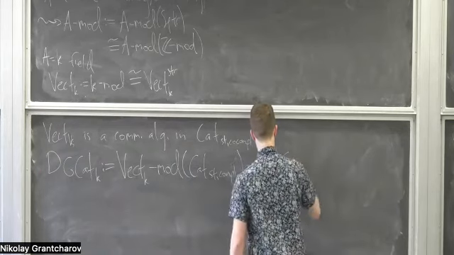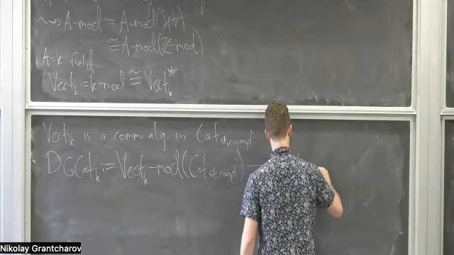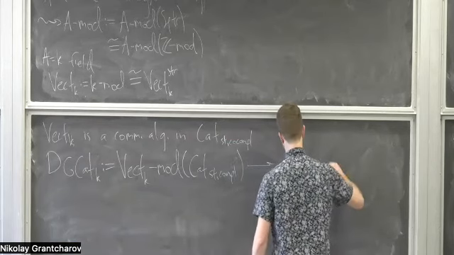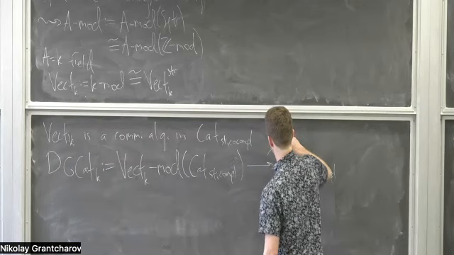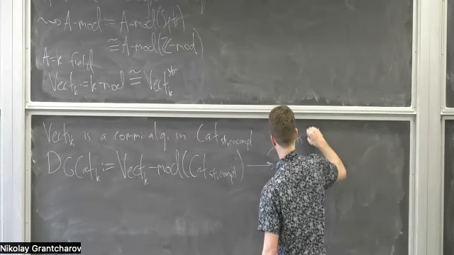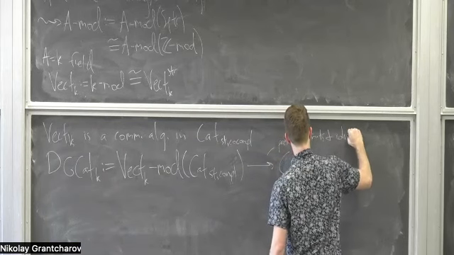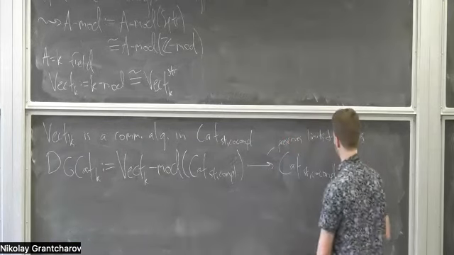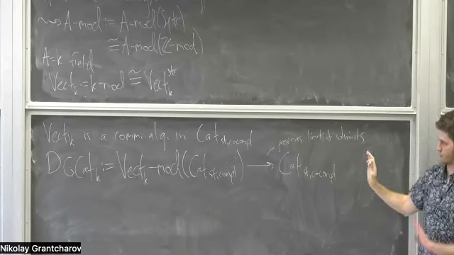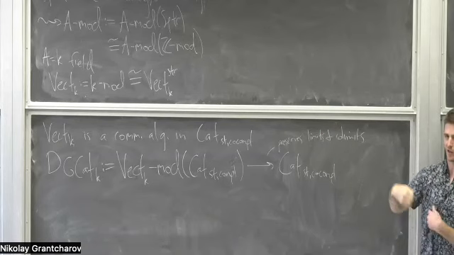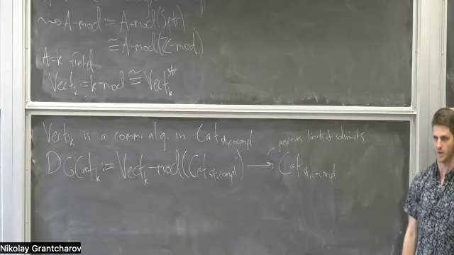It comes with a forgetful functor to co-complete stable categories. In fact, this preserves all limits and colimits. So all the stuff we've been saying about limits and colimits of categories just translates very neatly over there. It's just carry along the action of vector spaces.